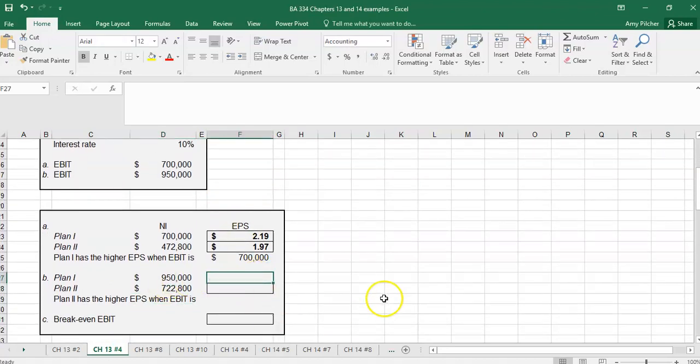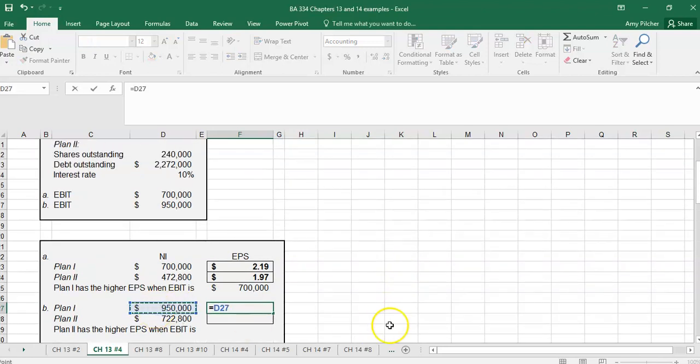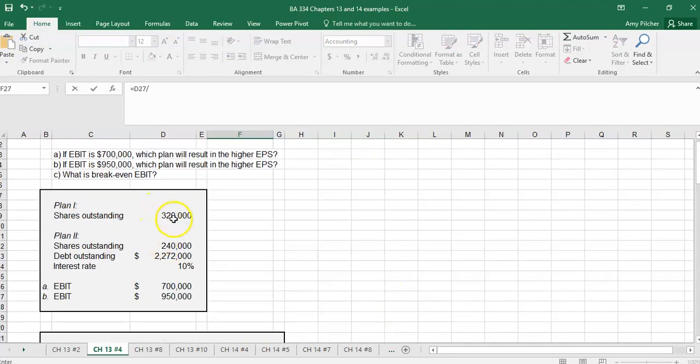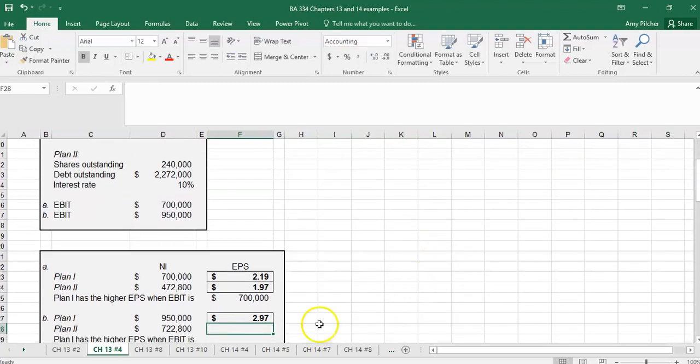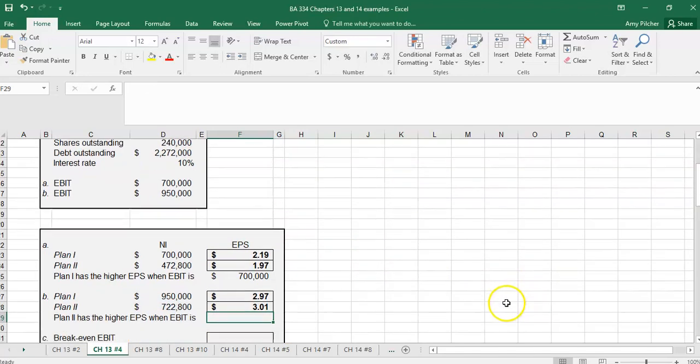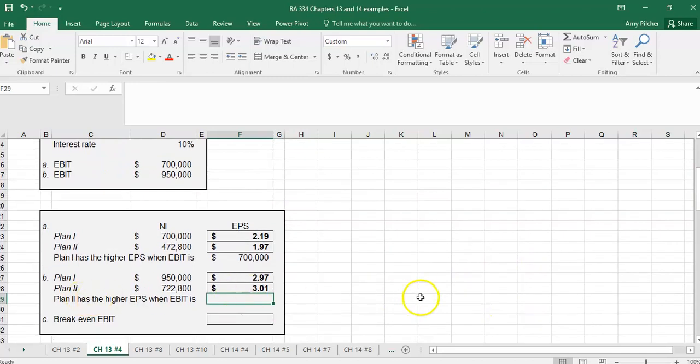So then our earnings per share, we have 950,000 divided by 320,000 shares, or 722,800 divided by 240,000 shares. So plan 2 has the higher EPS in that situation.